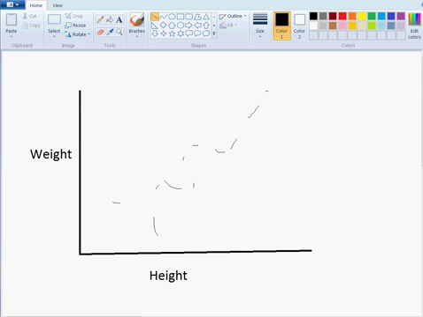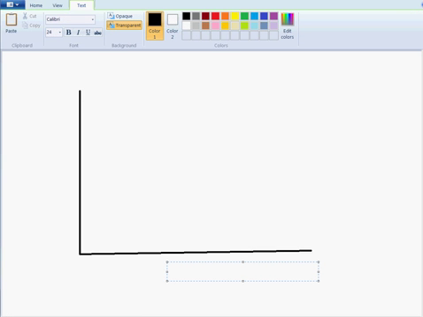Obviously though, we're not going to do height and weight. We are interested in two things. The first is standard deviation.